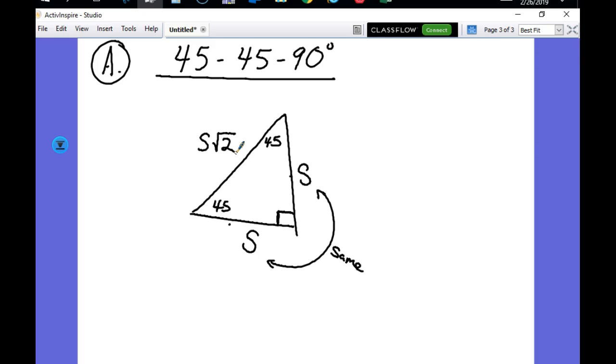Okay? So how are we going to use this? Well, if you know the side, then all you have to do is just put a radical 2 next to it, which is multiplying. Multiply it by radical 2 and you can find your hypotenuse. Whereas, let's say though that you actually started here, right?